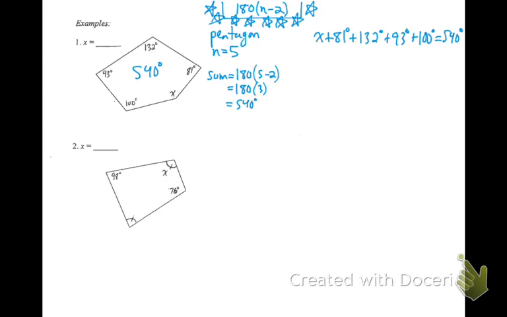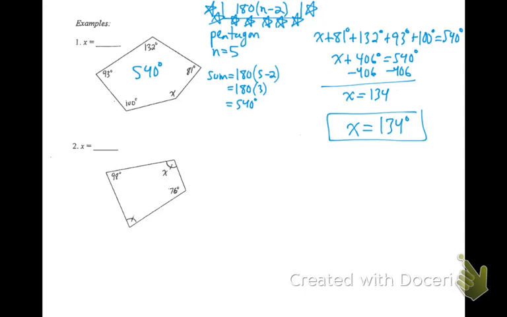You just have to take your calculator and add those values up. You'll get that they add up to 406 degrees. Subtract off 406 from both sides to solve the equation, and we get x is 134. So x is 134 degrees for number 1.